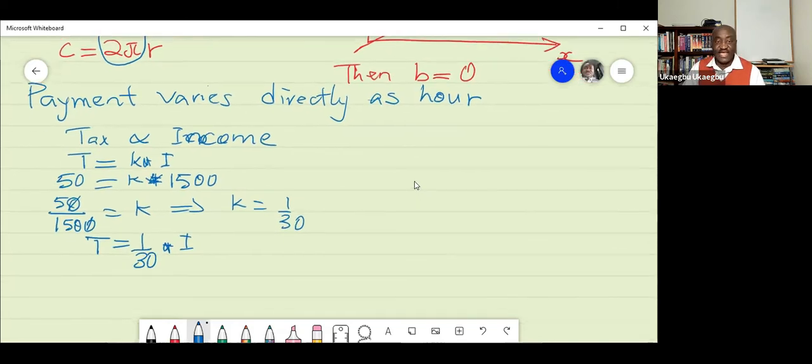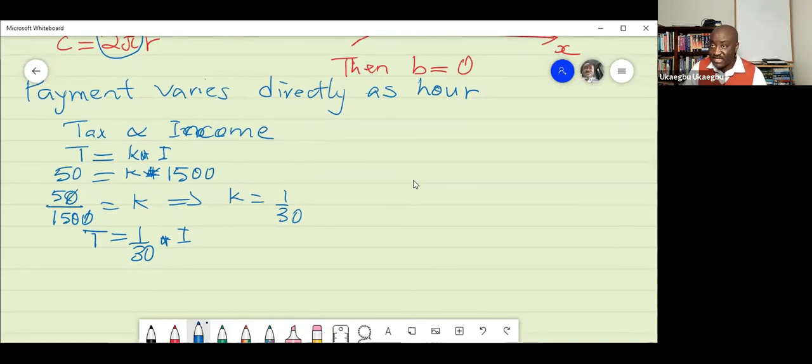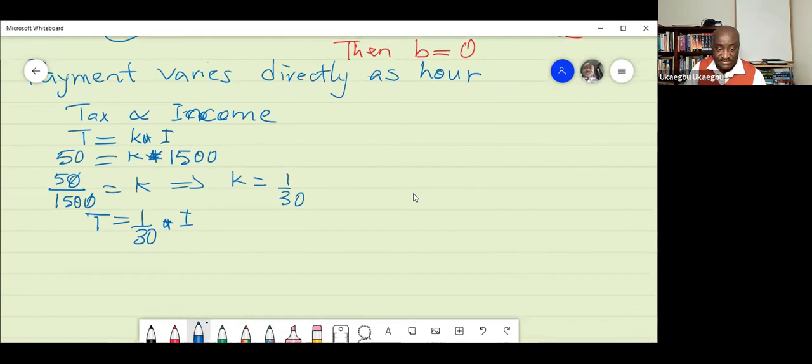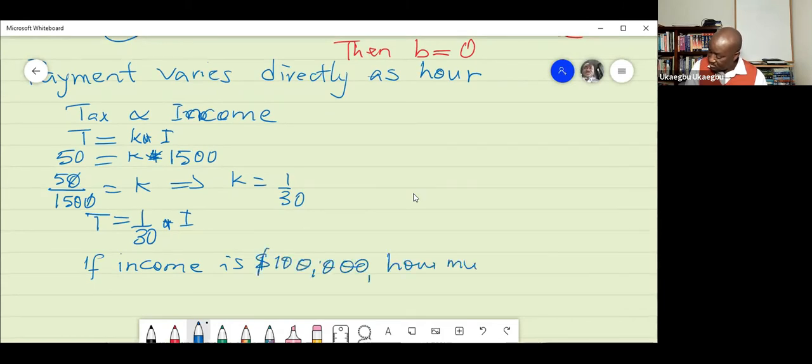So if somebody earns, let's say, $100,000 in a year, how much will be the tax that will be collected? If the income is $100,000, how much tax would be collected?